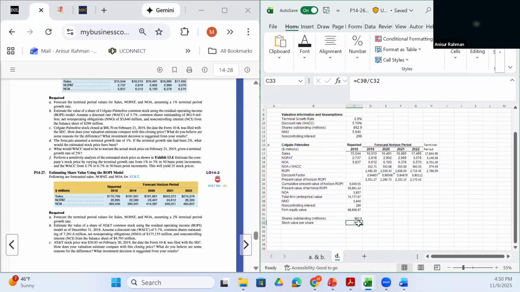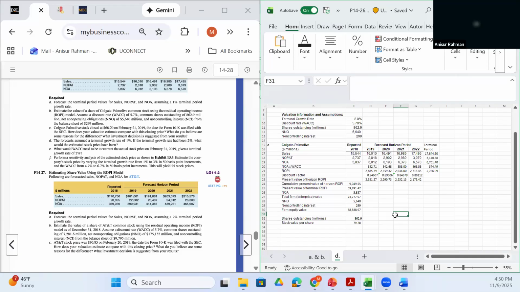So we came up with a higher value than the market price. Part E is saying at what WACC we'll reach the current market price. So what we can do, it is actually a what if analysis.